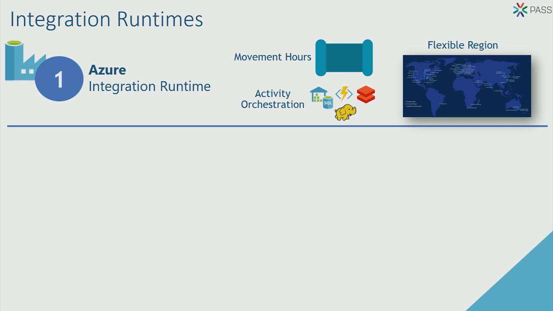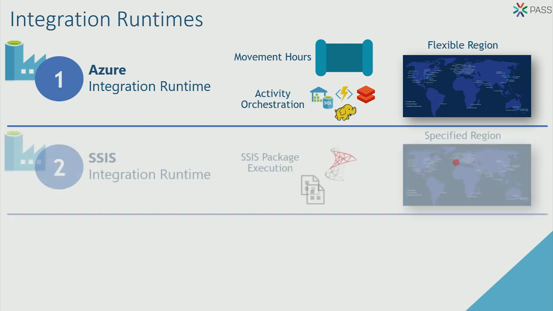It will auto-resolve itself to a given region. We can actually set the region. If we're doing copy activities, we can say, actually, I'll have my orchestration service in one region, but go and put the IR in another region if I don't want the copying of that data to move out of that region. It's there as the thing that we have to have for a lot of our activities by default.